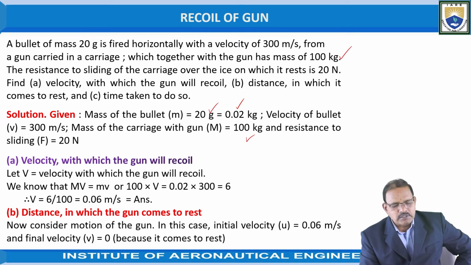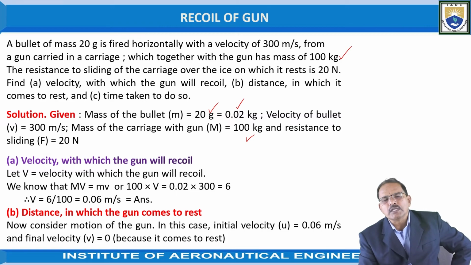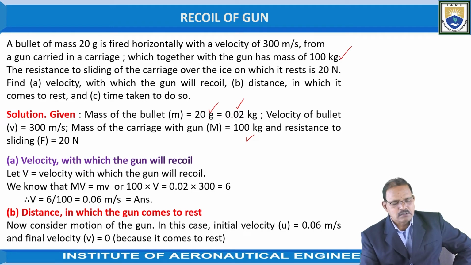So first of all, we have to determine the velocity with which the gun recoils. Here, V is equal to the velocity with which the gun will recoil. We know that the momentum possessed by the gun should be equal to the momentum possessed by the bullet.